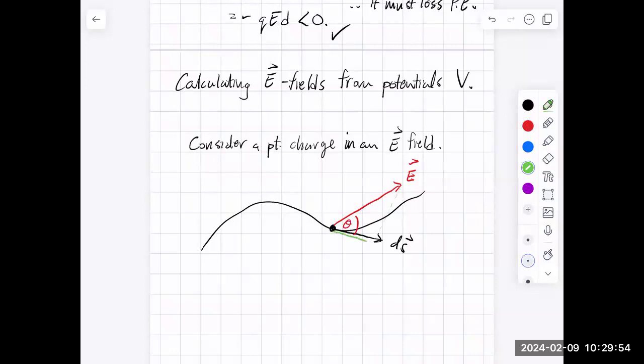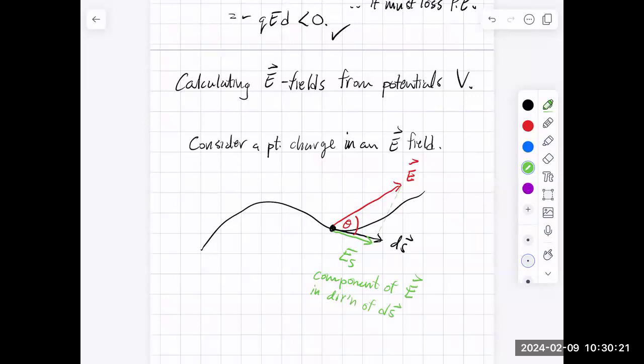Here is going to be E sub S, which corresponds to the component of the electric field in the direction of the displacement, so the component of E in the direction of ds.